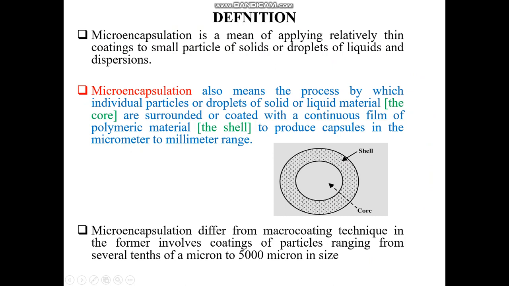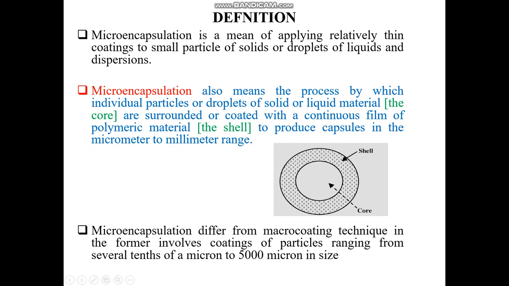That polymeric material is the shell, producing a capsule in the micrometer to millimeter range. In other words, microencapsulation is a means of applying a relatively thin coating to small particles of solids or droplets of liquids in dispersions.